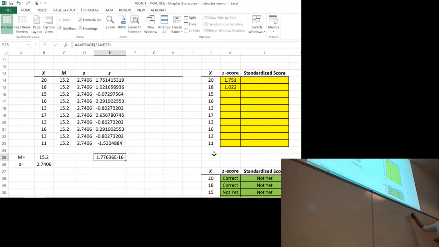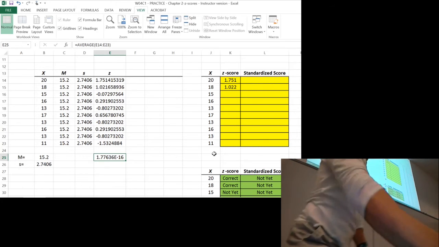This is 0.1, 2, 3, 4, 5, 6, 7, 8, 9, 10, 11, 12, 13, 14, 15, 16, 1776. All right? That's super close to 0. That's as close as Excel is going to get. So that's the first thing you're looking for. You're either looking for 0 or that e to the minus something, right? That indicates that it's very, very close to 0.